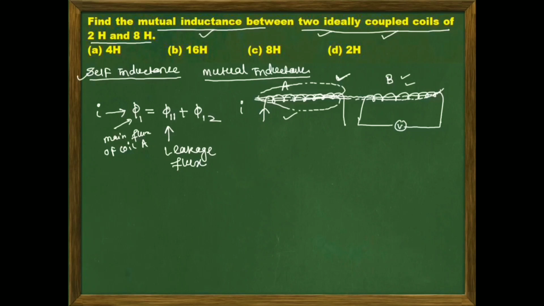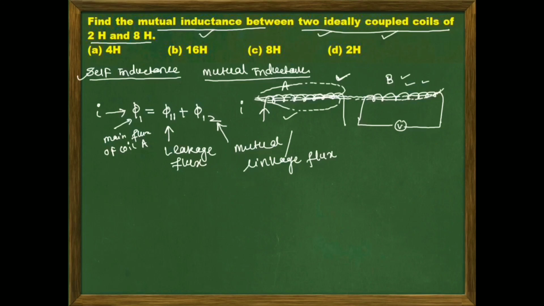So we can call this flux as leakage flux. Now phi 12 is also called as mutual or linkage flux, the flux that links with the B coil, which is placed nearer to it.